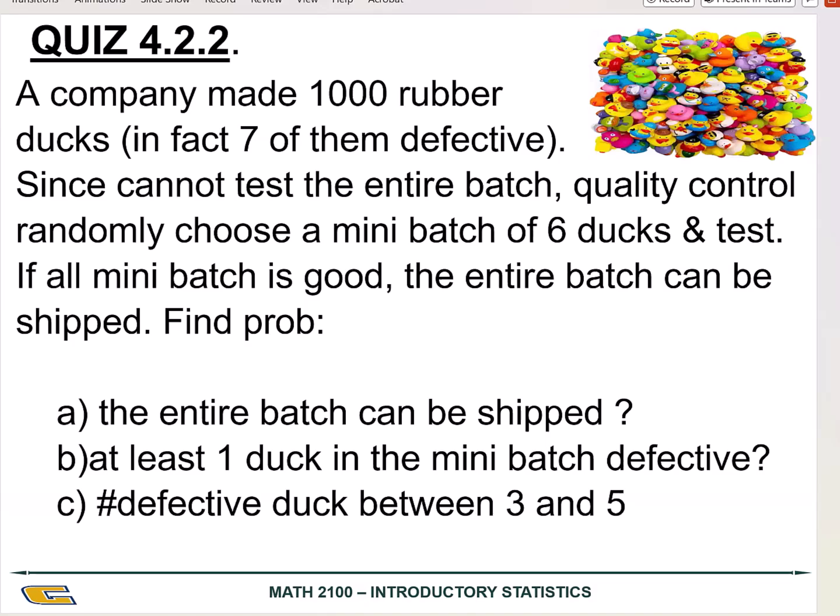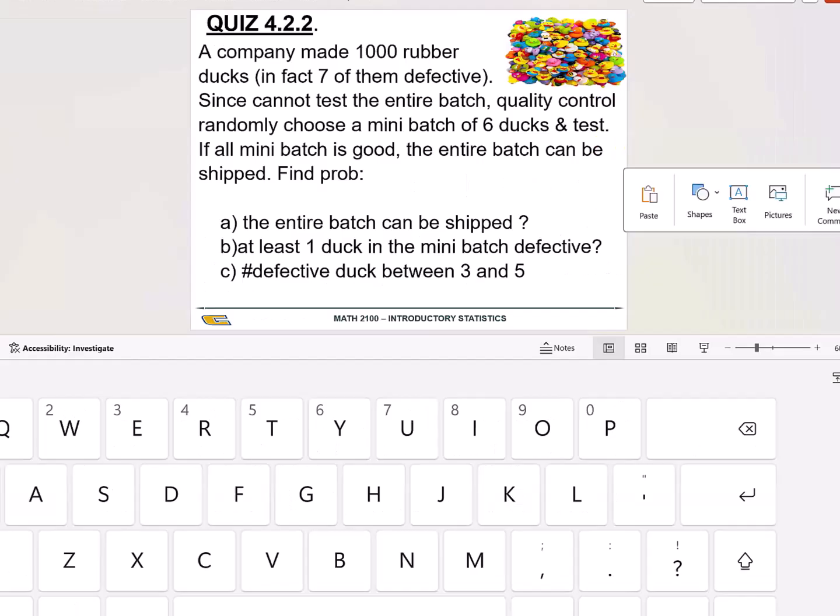Okay. And the thing here is that you just randomly choose 6 ducks and test, right? 6 ducks and test, right?